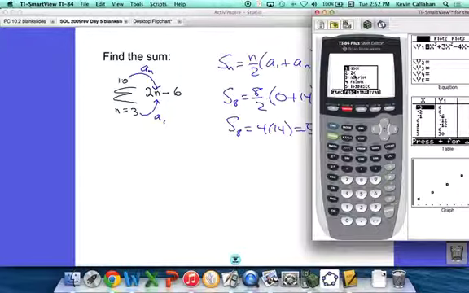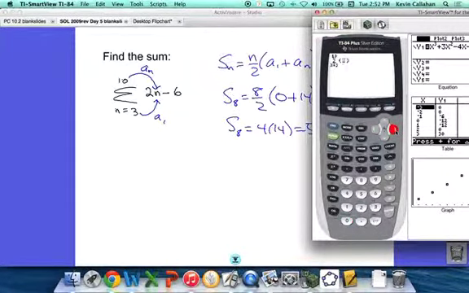So if you want to use the summation, hit the 2. And now I'm just going to use X. You could use N. If you want to use N, you just have to use the alpha keys then to get it. But I'll use X, starting at 3, and then I arrow up to the top, and I get 10. And then I've got to put the entire formula now inside those parentheses.